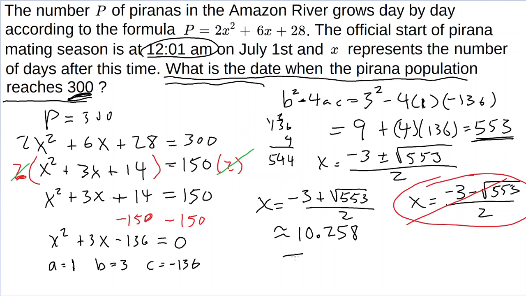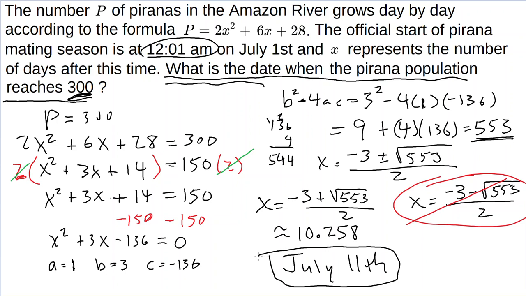So that's what we write for our answer: July 11th. I hope that's clear. The integer 10 means that 10 days have passed since the beginning of mating season, and the beginning of mating season was 12:01 a.m. on July 1st. So July 1st passed, then the 2nd, all the way up to July 10th passed.